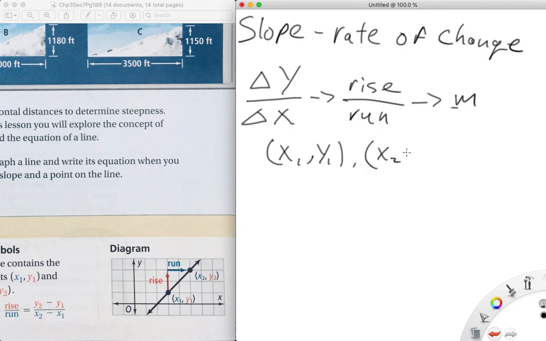And if we have an x2 and a y2, which means the second x and the second y, the slope equation is y2 minus y1 over x2 minus x1. That is our slope equation.